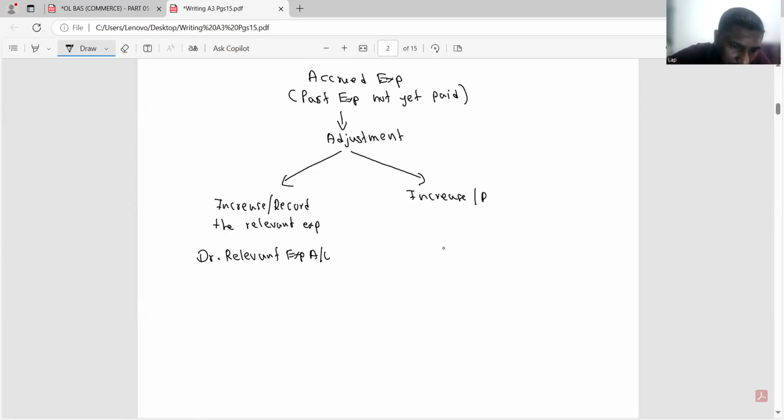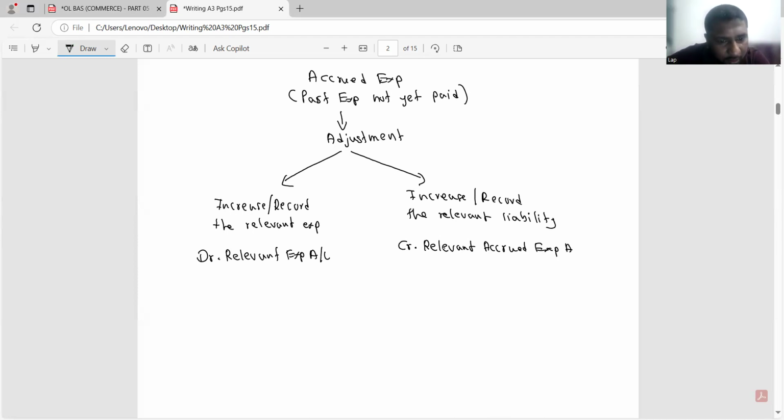The other side: increase or record the relevant liability. So we credited the relevant accrued expense account.